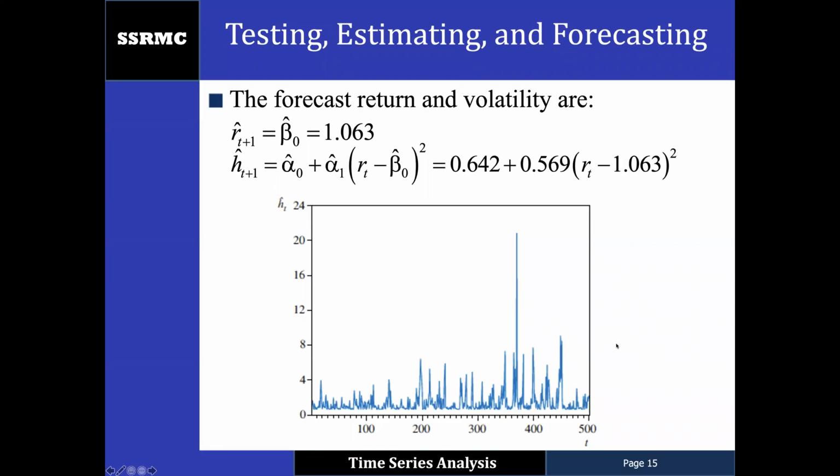If we carry out this forecasting for every single data point that we have, we actually can estimate the time series of volatility as demonstrated on this diagram. So those are the values of h_t hat at different points in time by using this equation. And we obtain this estimation from our ARCH model.